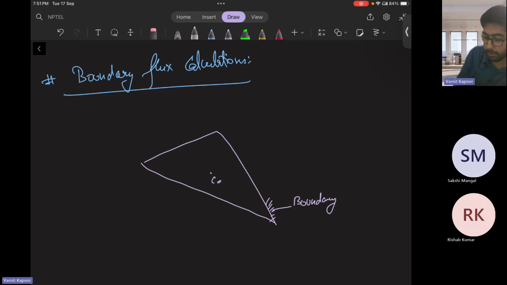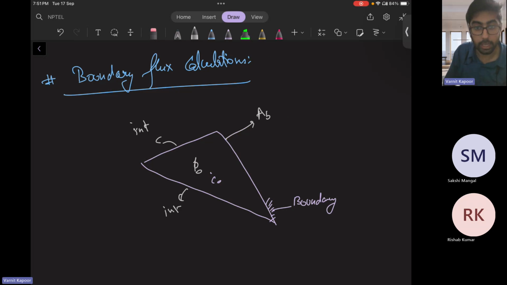It doesn't have a neighboring cell in this direction because it's a boundary itself. That means it's phi naught here. And this part is connected to the internal cell. This is your A of the boundary. So suppose this is connected with this boundary. This is again non-orthogonal, E theta hat, and this is E eta hat. Angle is greater than 90.